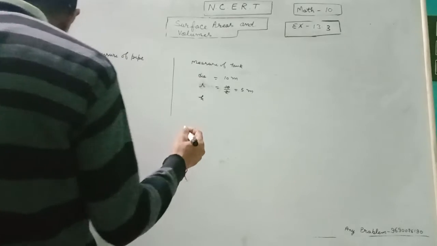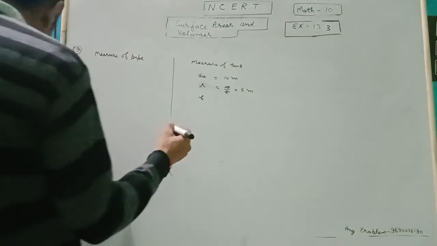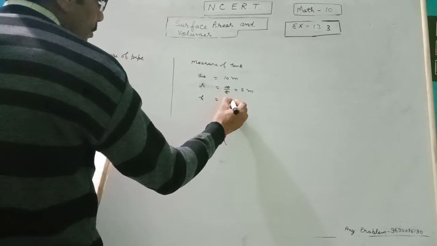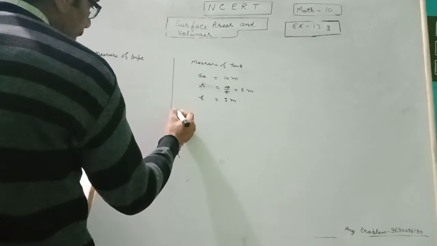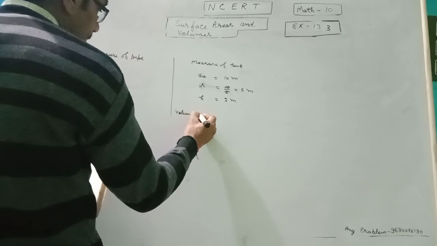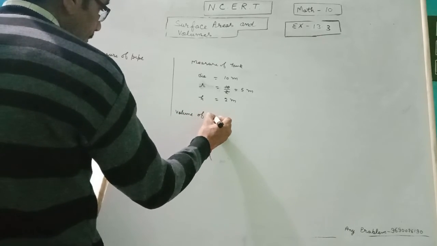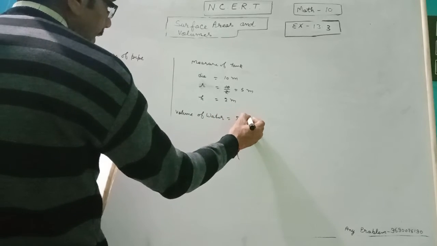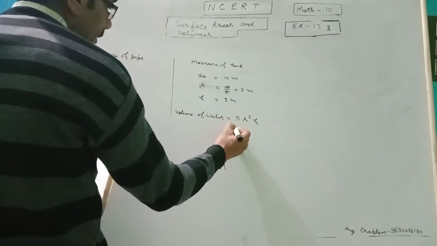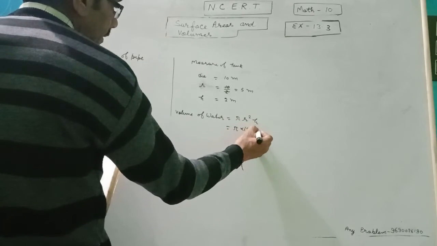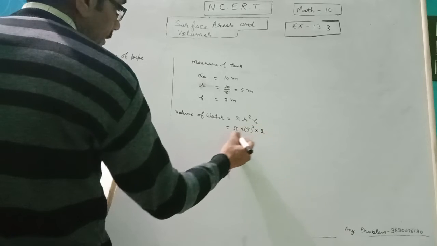Height of the tank, or deep, is equal to 2 meter. Volume of water: pi r square h is the formula.